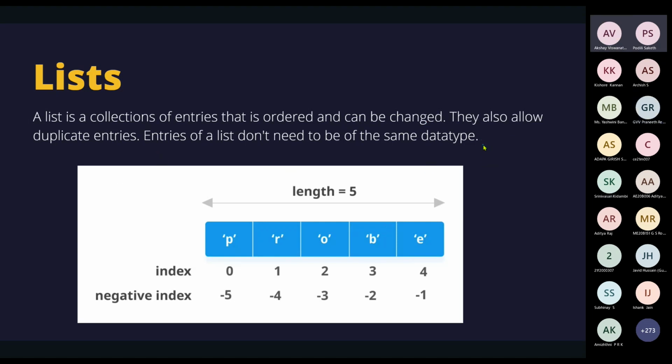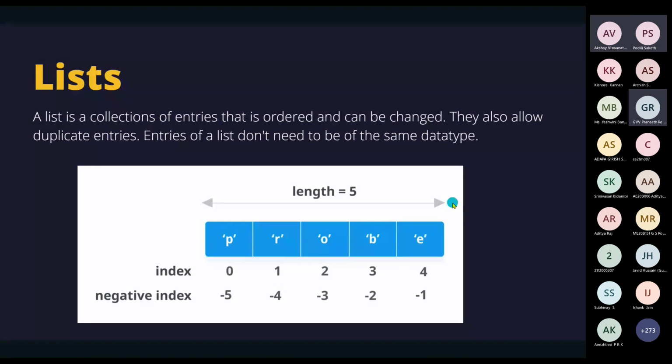So list, it's like an ordered set of data, basically like an array from C. Each data will have one index, and the index will start from 0. The elements in the list, which we call literals, can be changed once we define them initially.